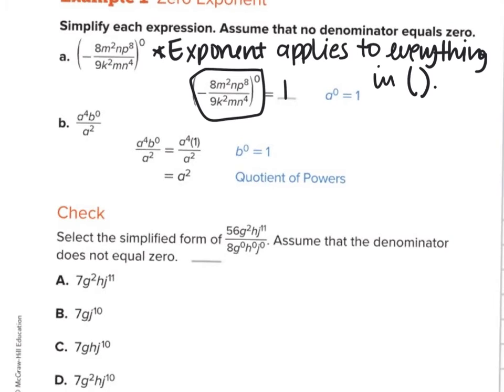So now B, are there parentheses on B? No. So the exponent only applies to what is right in front of it.